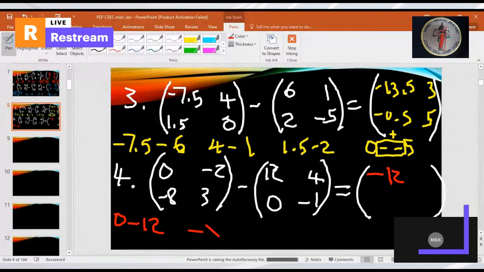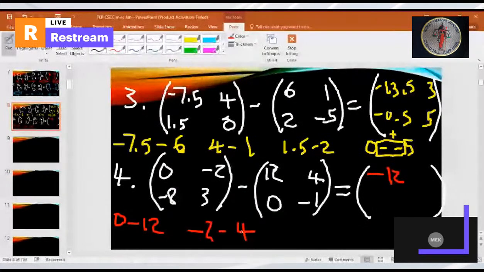We start at negative 2, and then we take away 4. So we add the 2 and the 4, and the answer remains negative. It will be negative 6. We have negative 8 minus 0, same negative 8.